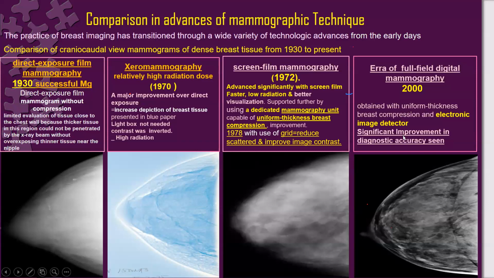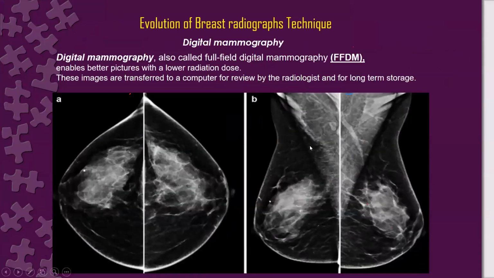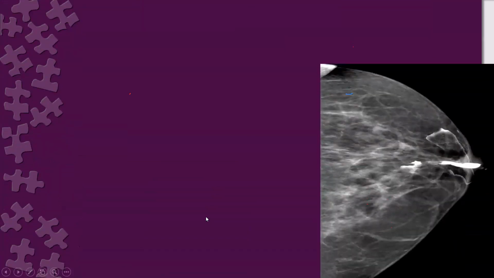Definitely this was a significant improvement in the diagnostic accuracy of mammography by using electronic detectors, and definitely reduced the radiation exposure to the breast, improved visualization, and picking up of the cancer. However, as we know, it is still limited by high density.